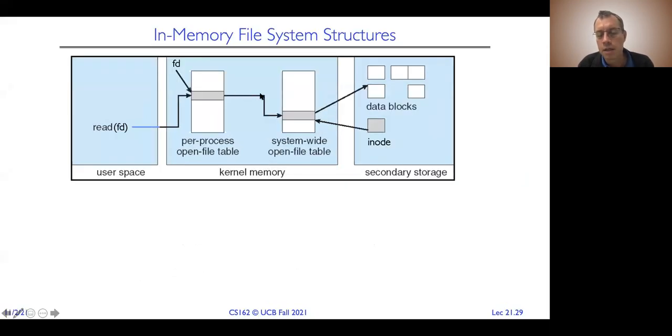So the inode number points you to the inode. This is the open file table, and the inode has protection bits and also maintains all these data blocks. All this is maintained on the disk.